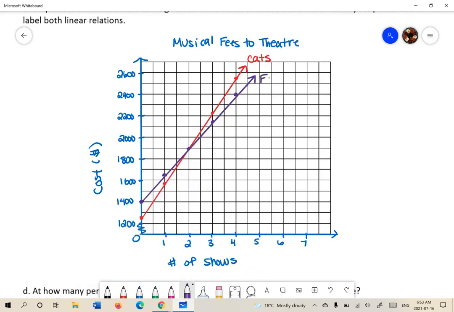And make sure to label your lines when you're graphing more than one on a grid.